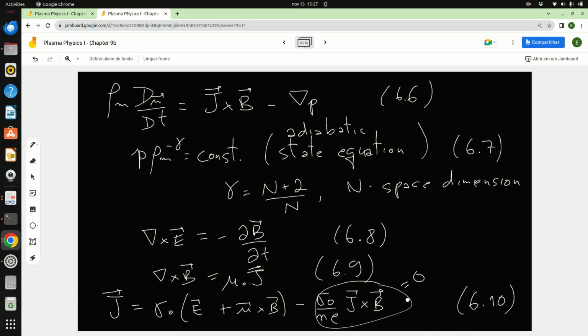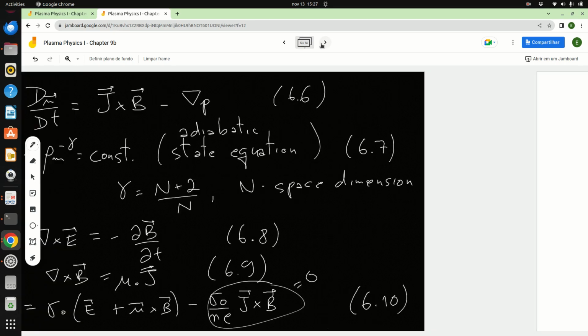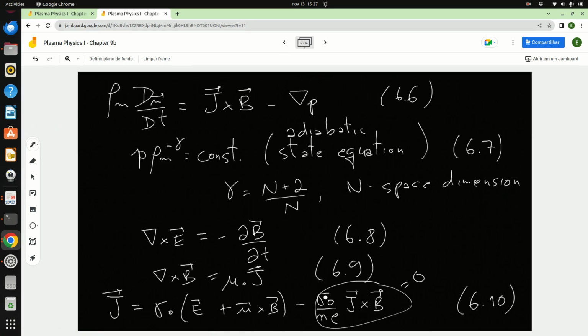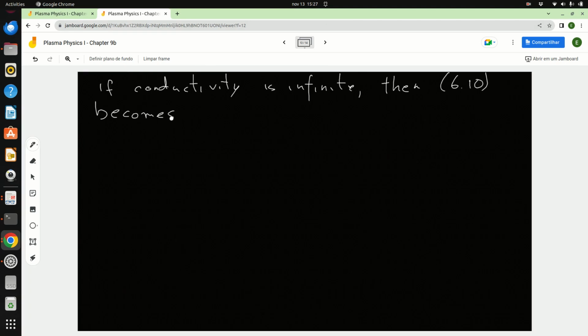If we consider that conductivity is infinite, this is a particular case, another simplification. If conductivity is infinite, then 6.10 becomes, okay, we'll drop this, and you consider just this part, and we'll divide by conductivity.